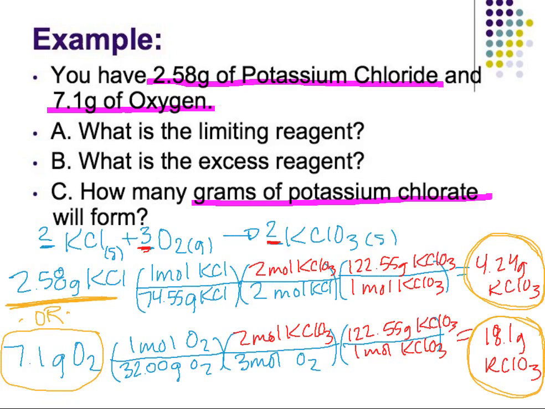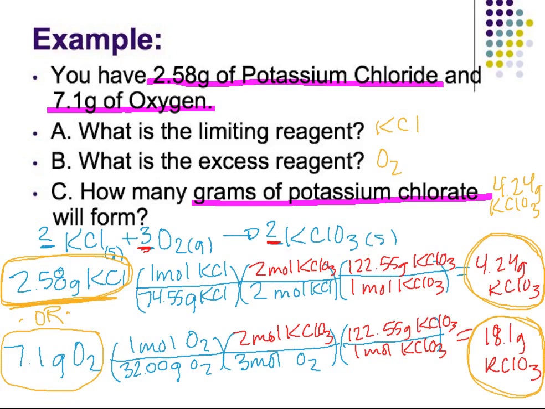The right answer, we can make 4.24 grams of product. 4.24 grams of potassium chlorate is the answer to letter C. Why? Because once we've made 4.24 grams of potassium chlorate, we will run out of potassium chloride. That makes potassium chloride our limiting reagent. And oxygen will be our excess reagent.